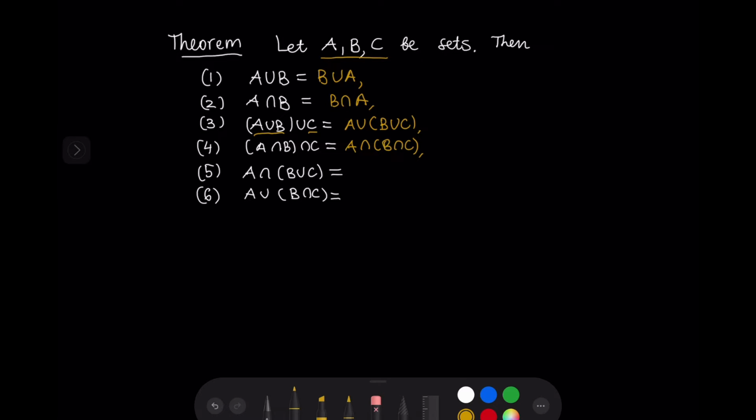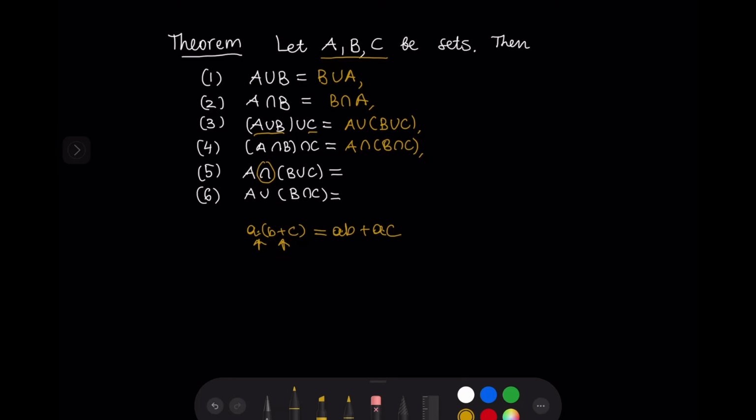So this property over here, I usually remember like this: A times (B plus C). Instead of intersection, you write times, and instead of union, you write plus. And so by the distributivity of real numbers, you have AB plus AC. This has nothing to do with the proof. It's just how to remember this property.